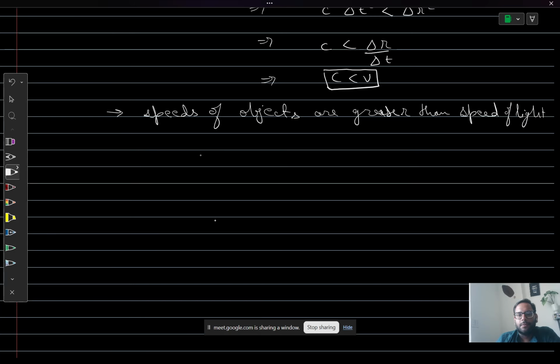Now find the angle. Here the beta is actually v by c, of course, and from here you can see that v by c is greater than this.